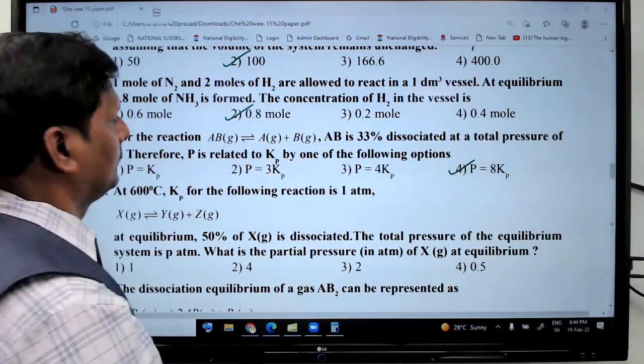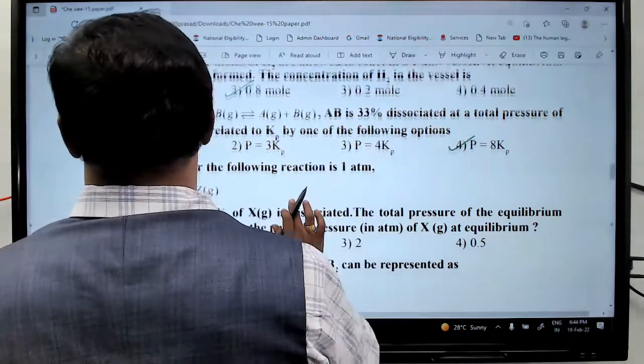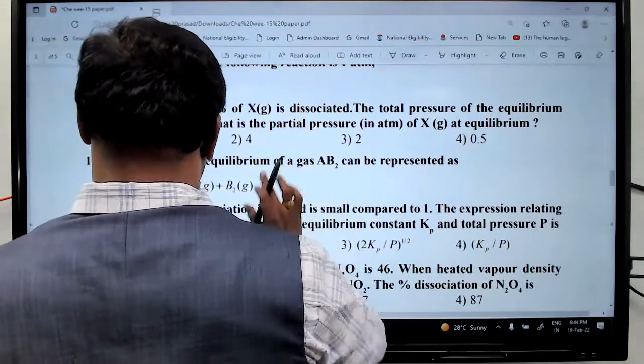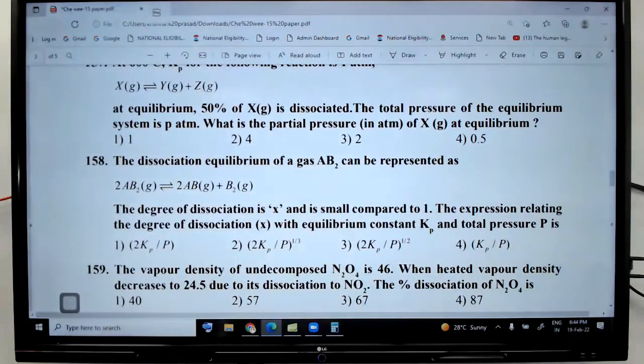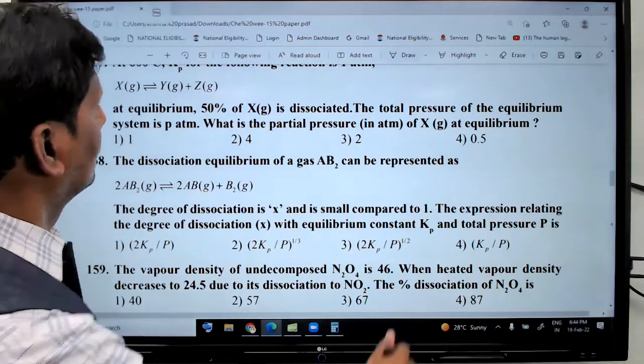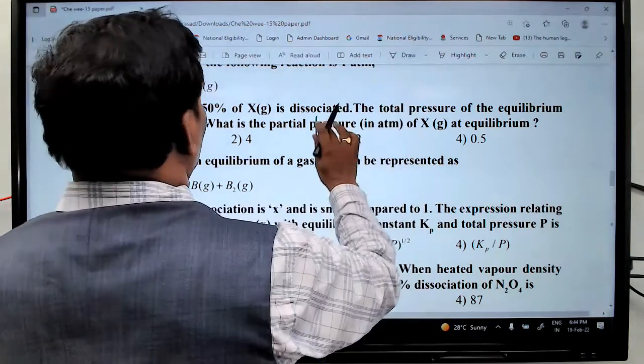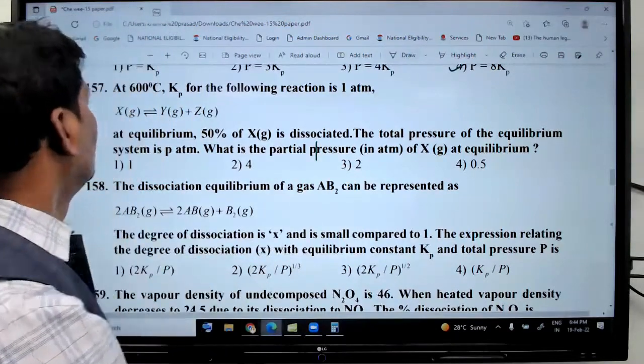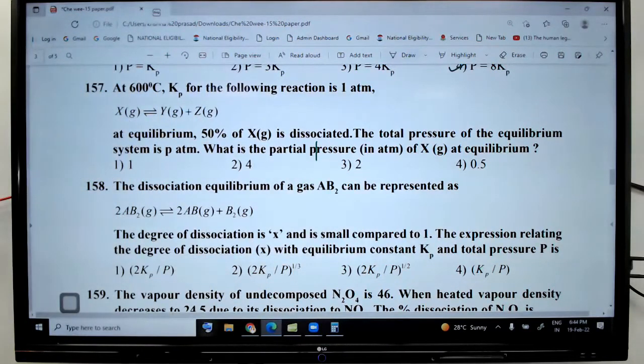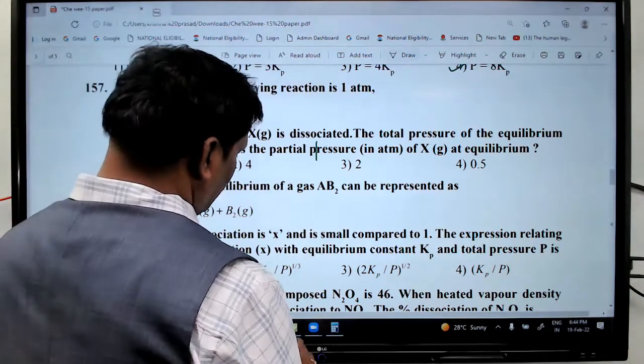Next, 157. At equilibrium, 50% of X is dissociated. The total pressure of the equilibrium system is P. What is the partial pressure of X?